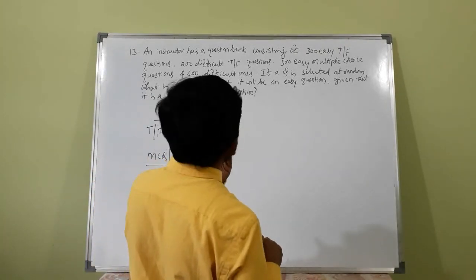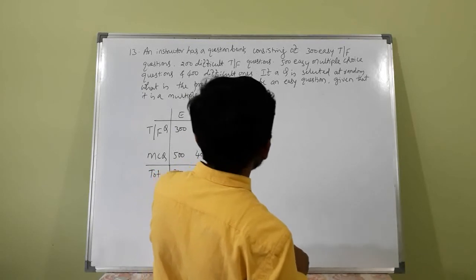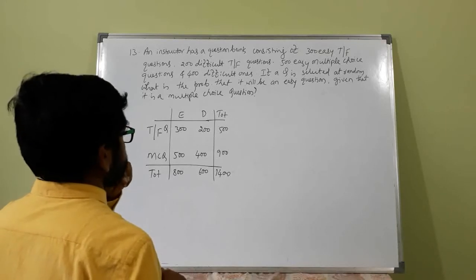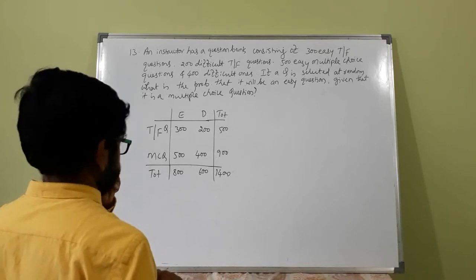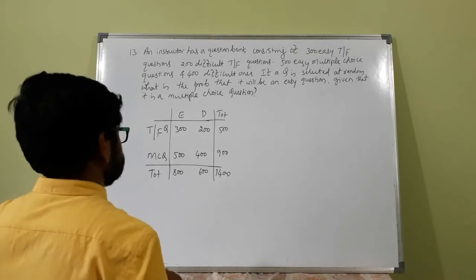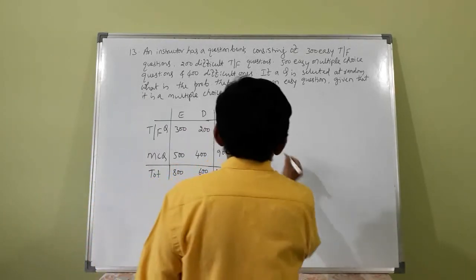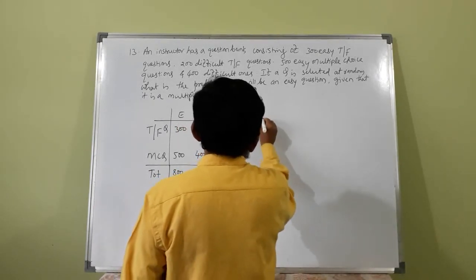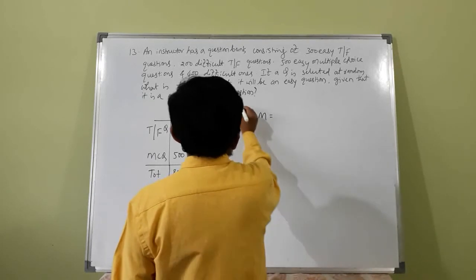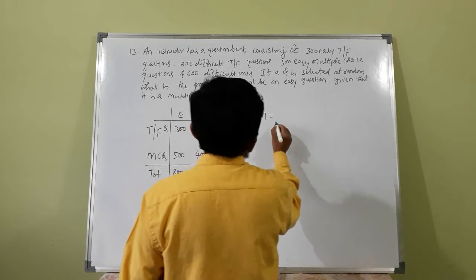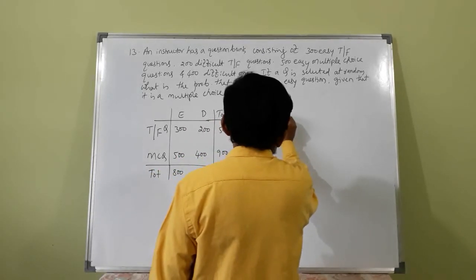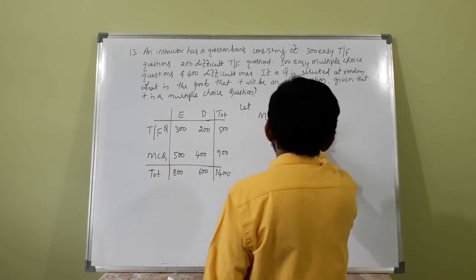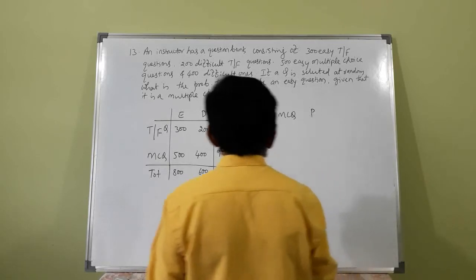Now if a question is selected at random, what is the probability that it will be an easy question, given that it is a multiple choice question? Suppose M is multiple choice question.